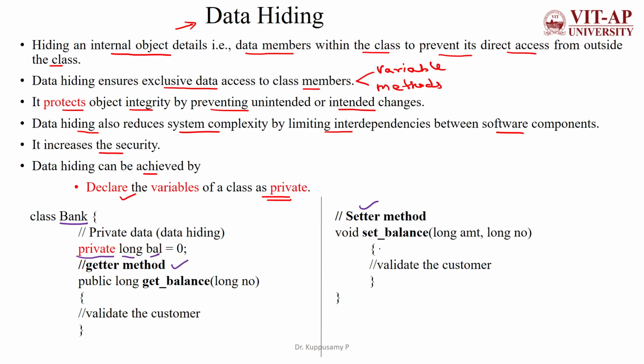The setter method is used to assign values to the variables declared here, or store values in the variables, and the getter method is used to access the values of those variables that already have values, or to display the values.